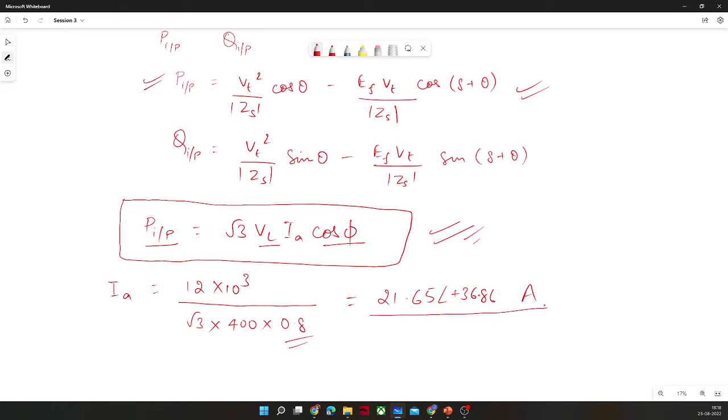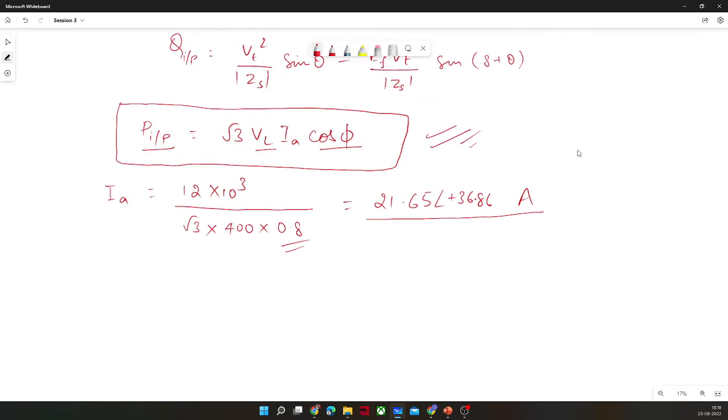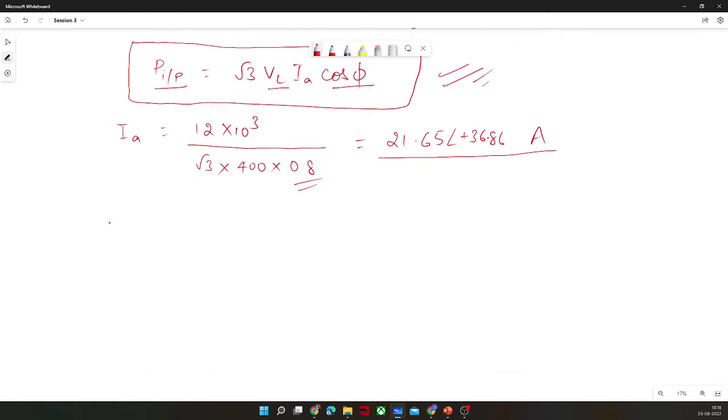Now we know IA. We are now going to apply it in KVL, and that is nothing but VT is equal to EF plus IA into RA plus jXS. VT was 400, so it is 400 by root 3.